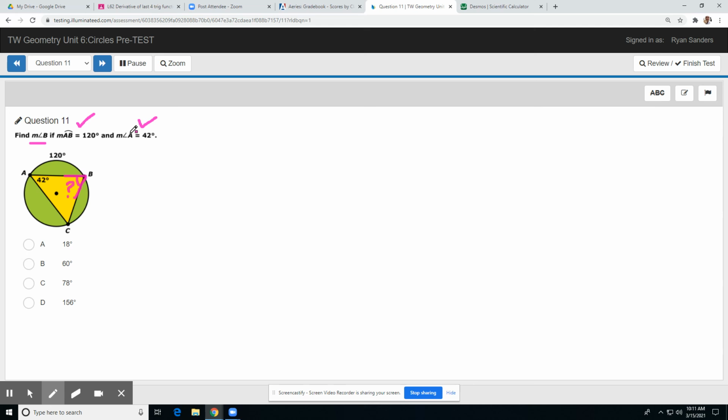Let's see. All right. So I'm going to use the fact that this arc is 120, and that creates an inscribed angle with C. So this is inscribed.